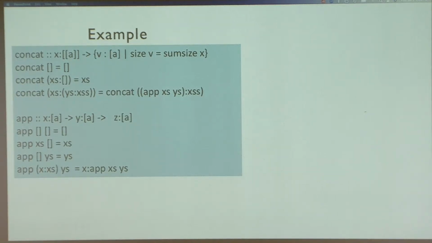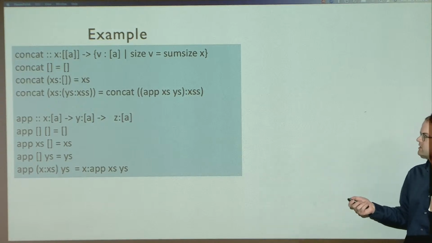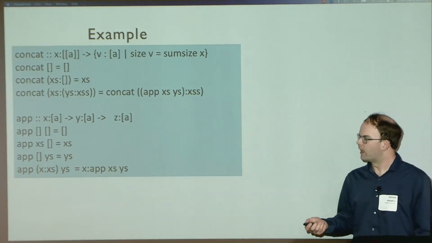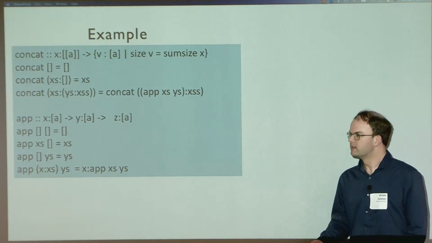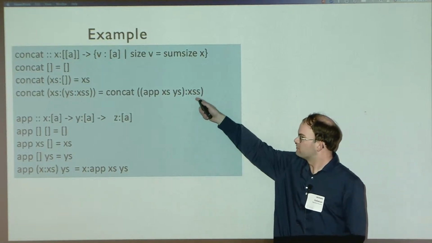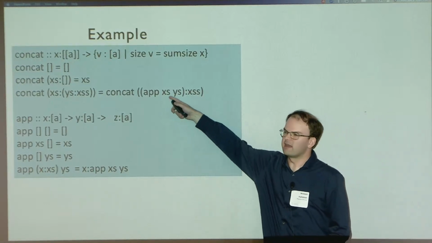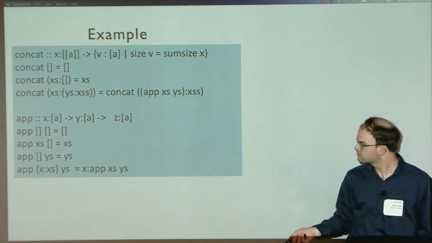Right? So here's how that works in practice. This is my concat app from example from before, except I've completely removed the specification from app. And so, of course, what's going to happen is modular verification is going to fail because it doesn't know anything about what app here is doing.